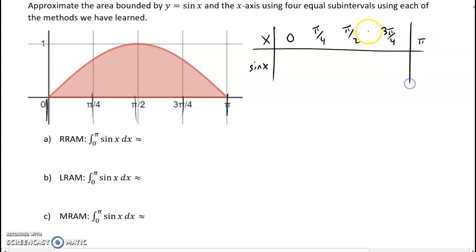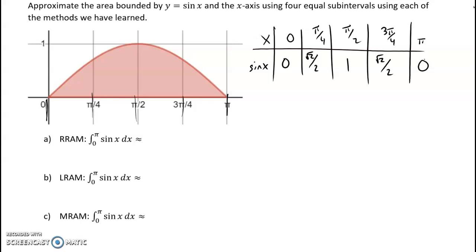These are very easy values to calculate the sine of. So sine of 0 is 0, then we have root 2 over 2, then we get to our maximum of 1, then we go back down to root 2 over 2, and then back down to 0. So these values may come in handy for some of these methods.